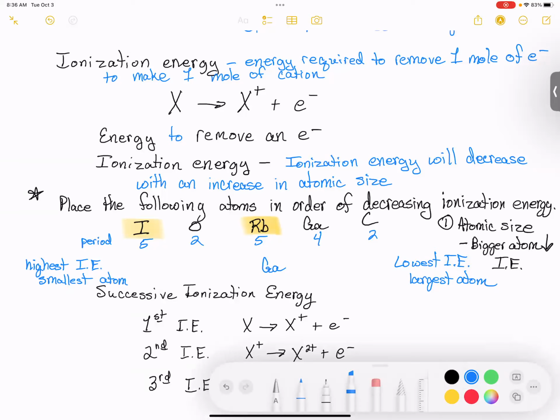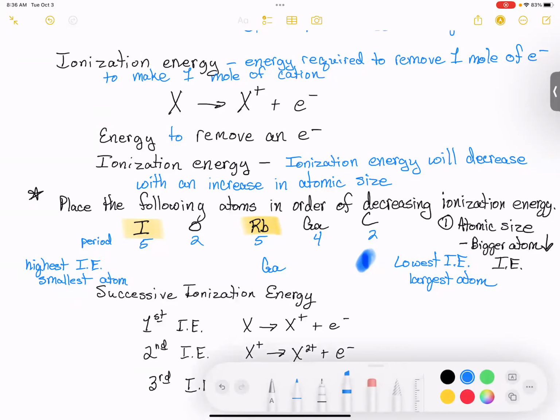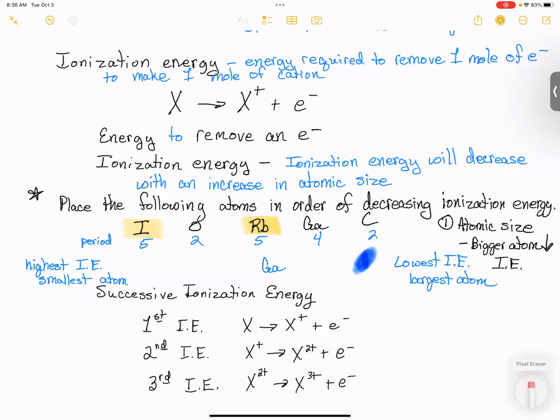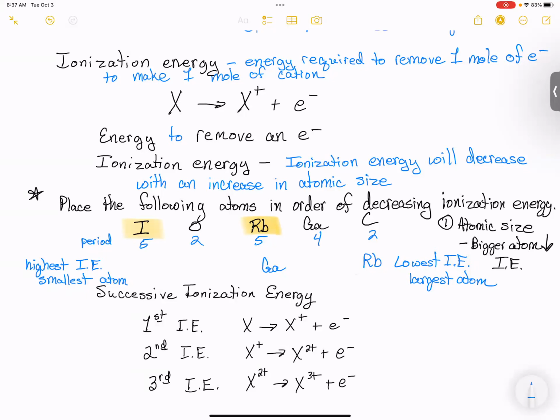Rubidium's the biggest because it is the furthest to the left. So rubidium is going to have the lowest ionization energy, followed by iodine, then gallium.